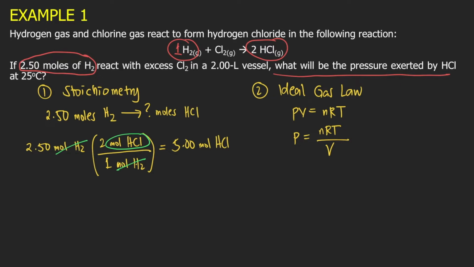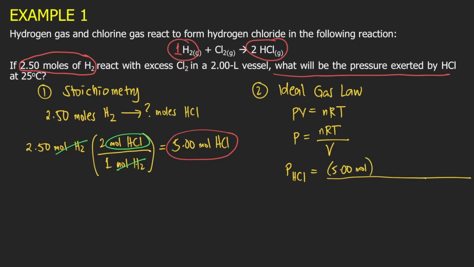And then we substitute the values. The question is asking for the pressure of HCl. We know that n stands for moles. So the moles of HCl, which we got in the first part, is 5 moles.